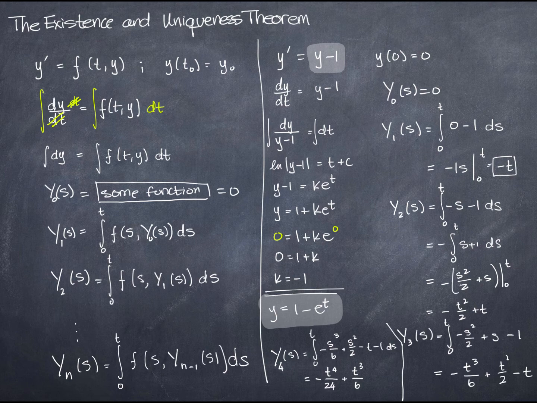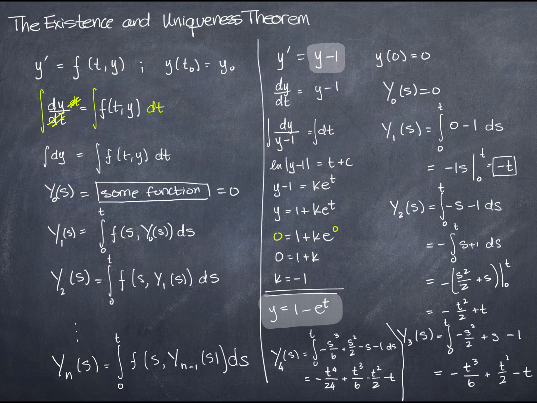I think it's very interesting to note that that term also appears in the previous version. The next term, minus t, gives me minus t squared over 2, and that term appears in the previous version. And then the minus 1 gives me minus t, and that appears in the previous version. And then, of course, it's minus the same thing evaluated at 0, and that just gives me 0.